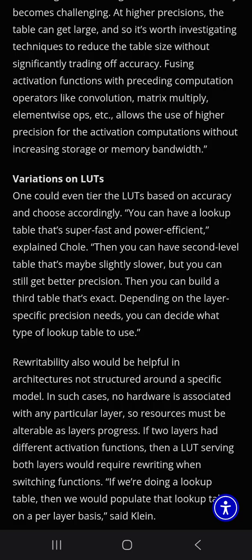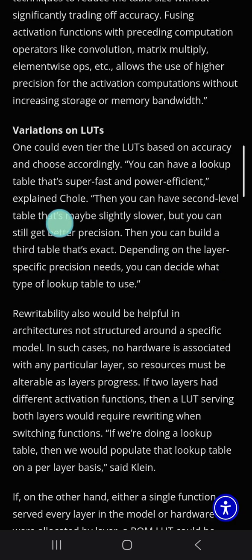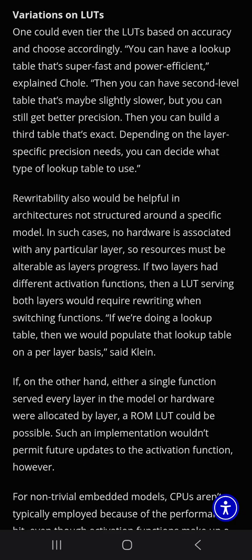Then you can have a second level table that may be slightly slower, but you can still get better precision. Then you can build a third table that's exact. Depending on the layer-specific precision needs, you can decide what type of lookup table to use.